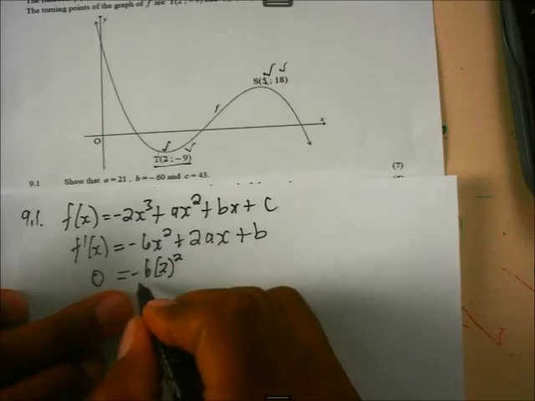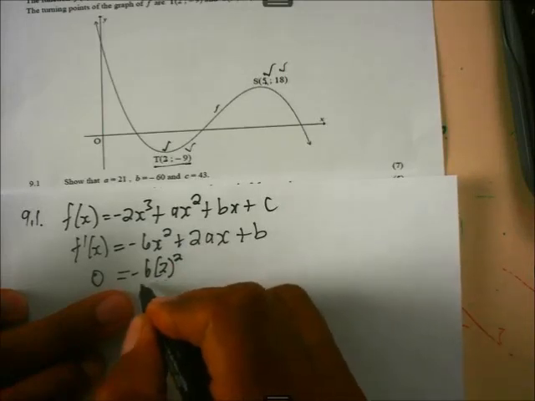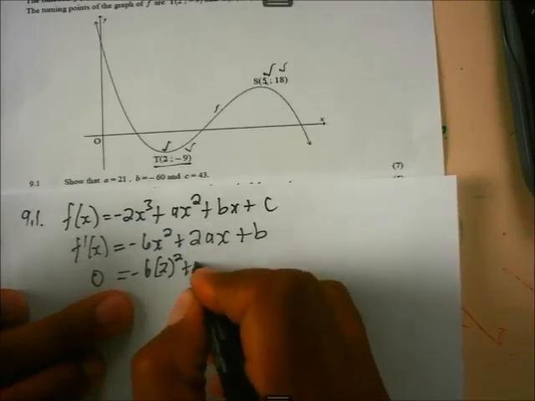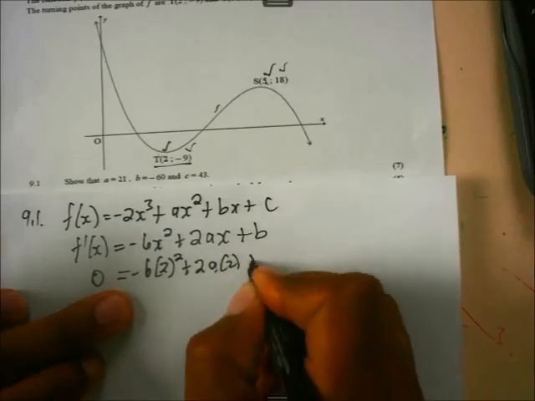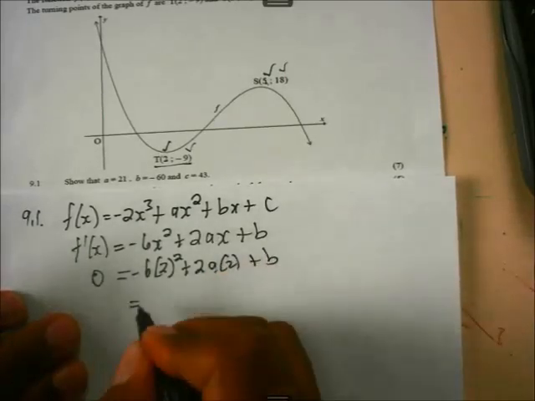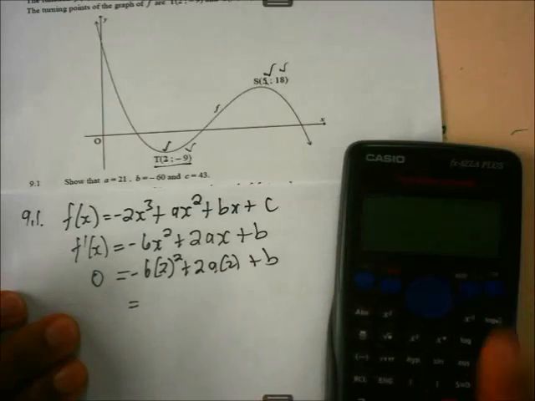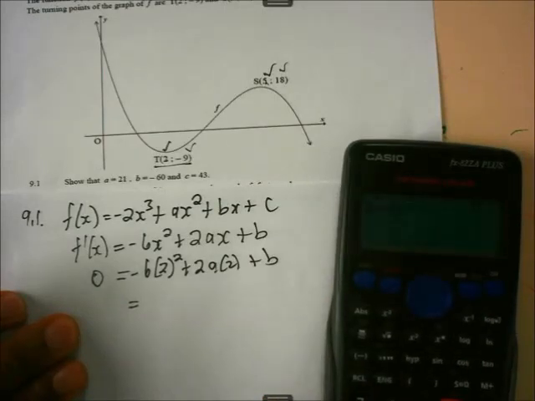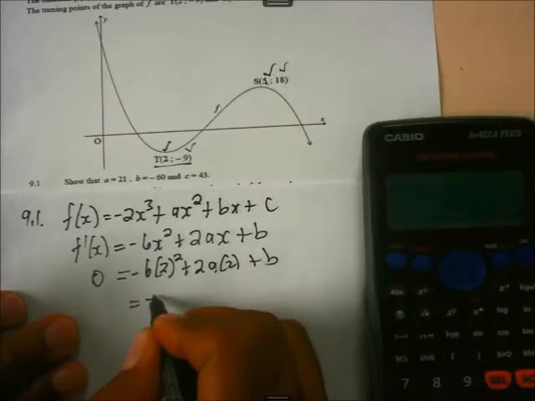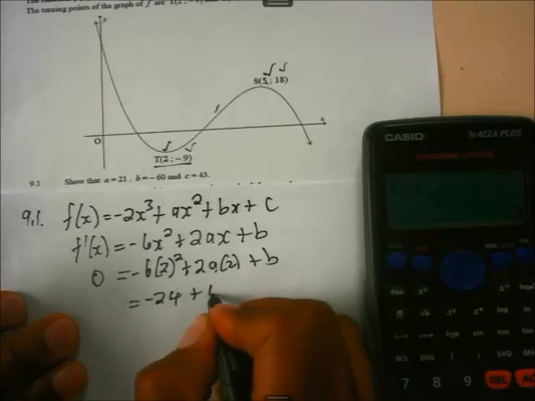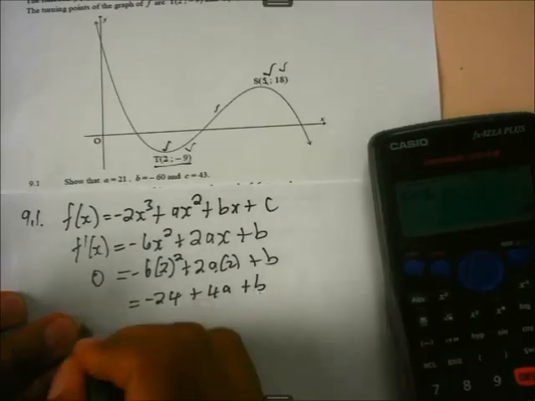That is why we have minus 6 into 2 all squared plus 2a times 2, then plus b. When we multiply, 4 multiplied by minus 6, the answer is minus 24 plus 4a plus b is equal to 0.